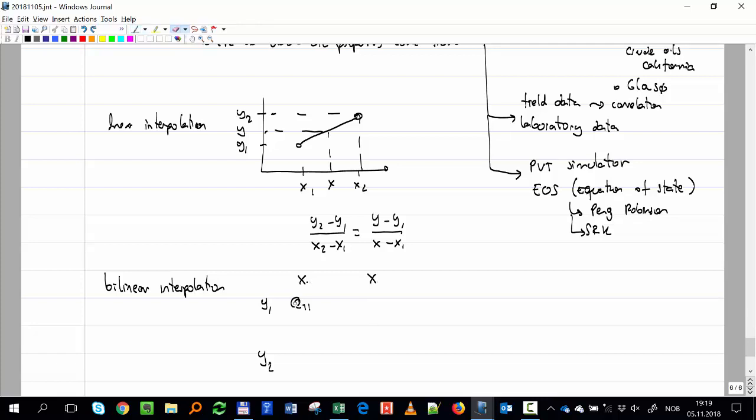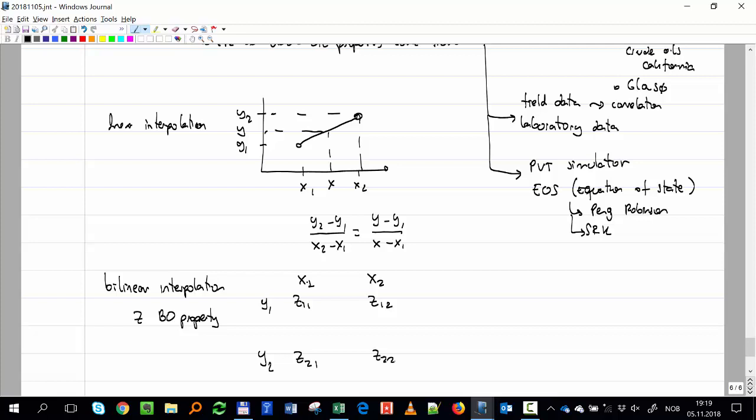I don't want to confuse it with the deviation factor, but z is your black oil property, and we have z11, z12, z21, and z22.